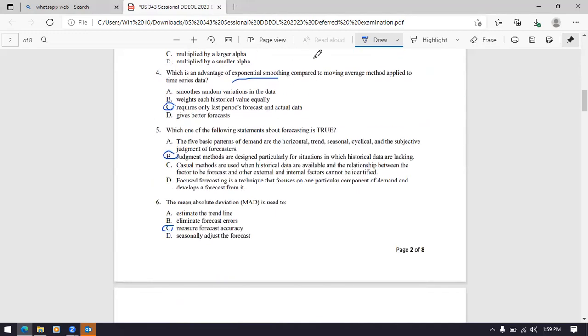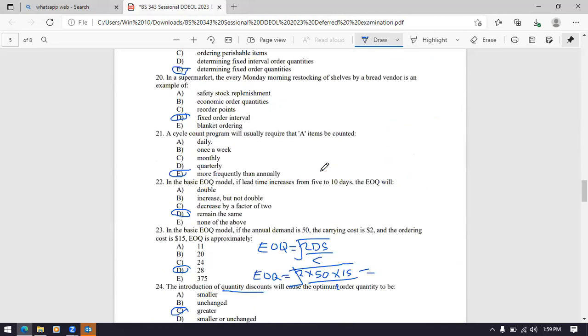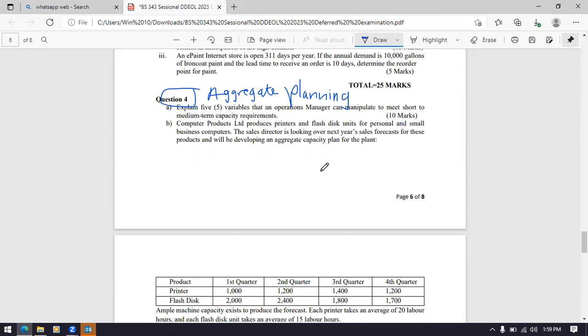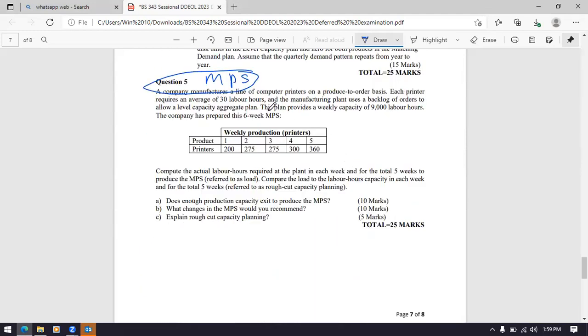All right, so now we'll get down to the other one. The other one we are going to look at here will be on the master production schedule, which is MPS. All right.